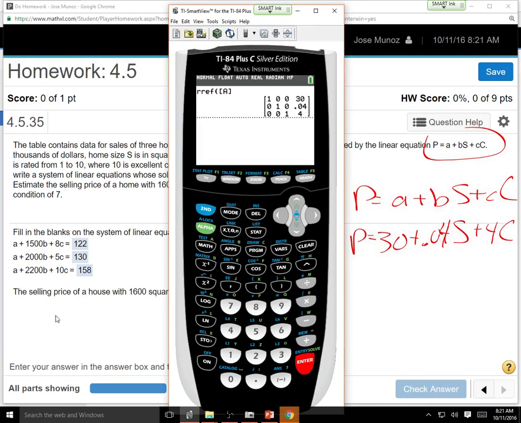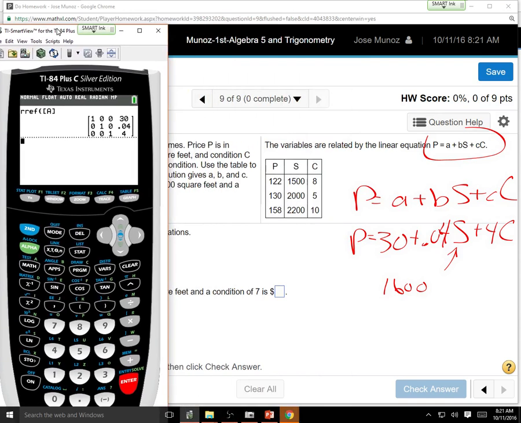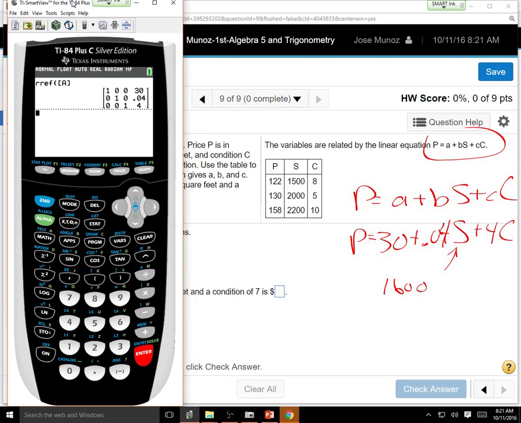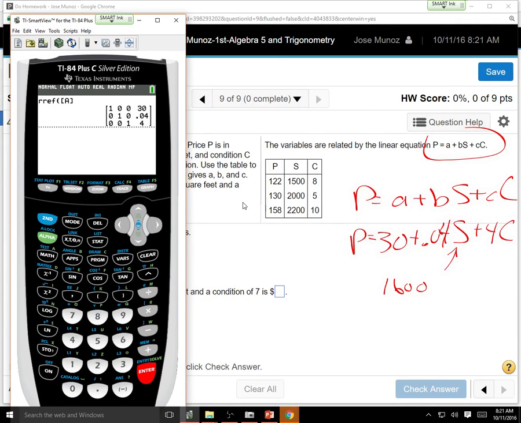And what they told us was that this house was 1,600 square feet. So in here for S, we're going to plug in a 1,600. And I think that the shape it was in, is that what C was for? The condition is a 7. So C will become a 7. And I just used my calculator to do it.